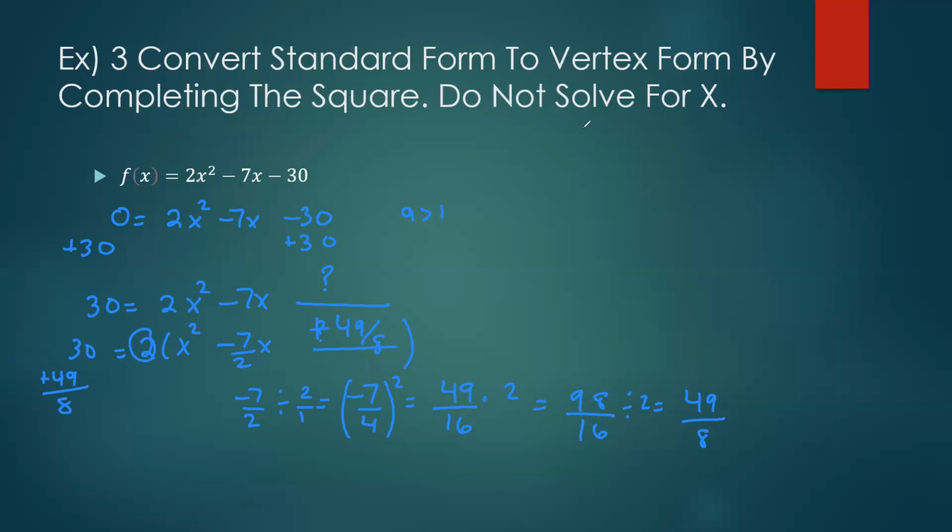Okay, so on the left side, you're left with 30 plus 49 over 8. And then on the right, you're left with 2 parentheses x squared minus 7/2 x plus 49 over 8. Okay, let's simplify the left. So what's 30 plus 49 over 8? You need a GCF, which is 8.